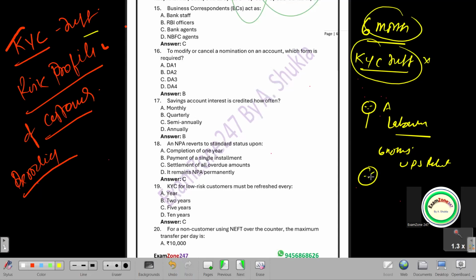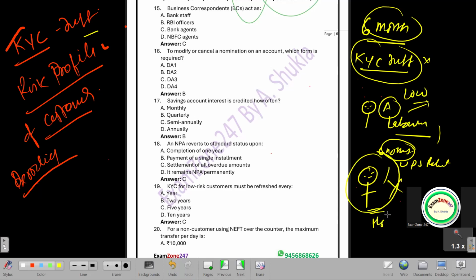He became posted as a trainee IAS officer. Suppose at the time of opening the account he was a laborer, but after 2 or 3 years he came, and the account is still low risk. Then it would not stay under low risk. Okay, that will be immediately categorized as high risk.